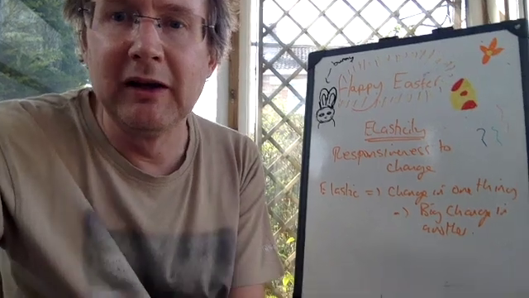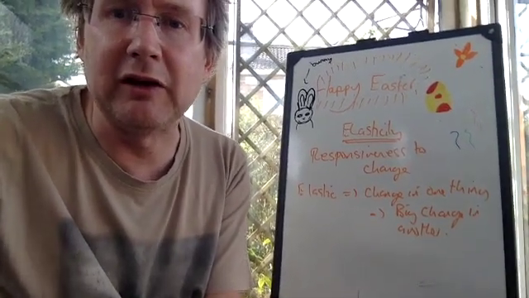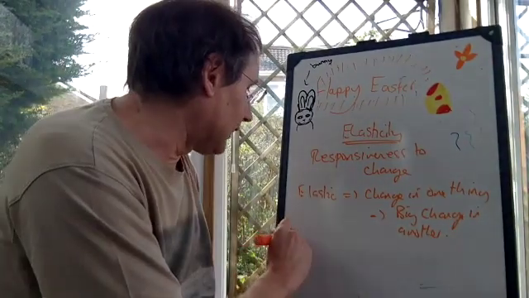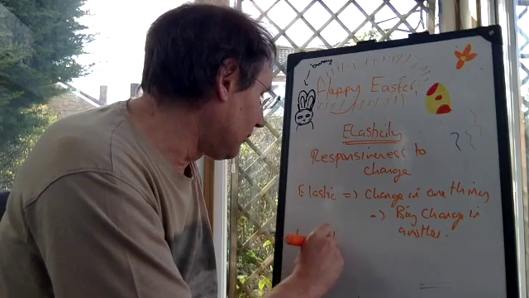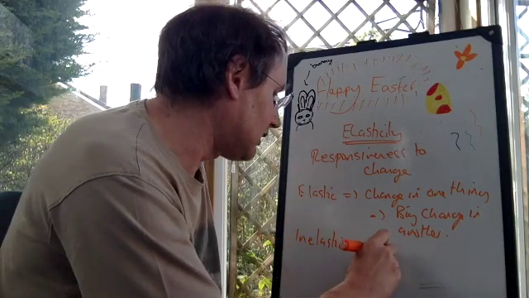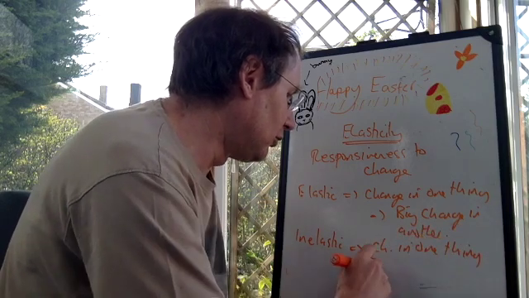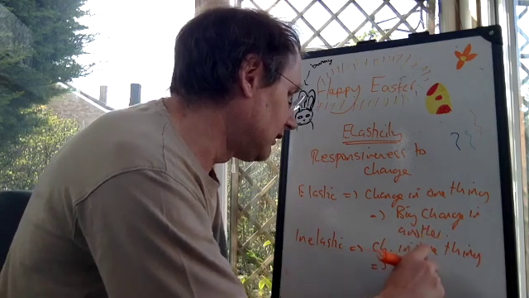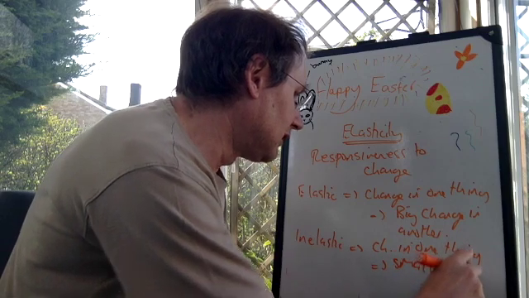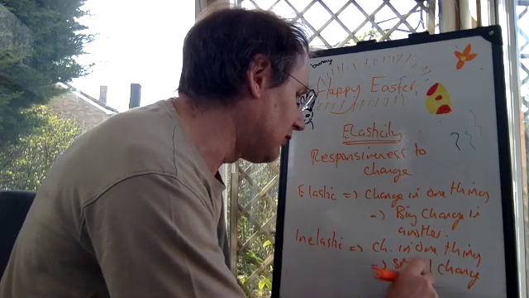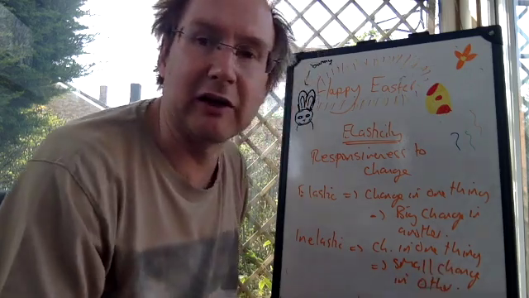So elastic: a change in one thing leads to a big change in another. Inelastic doesn't mean there's no change at all. What it means is that a change in one thing leads to a small change in the other. So obviously they've got to be linked, but that's your basic idea.